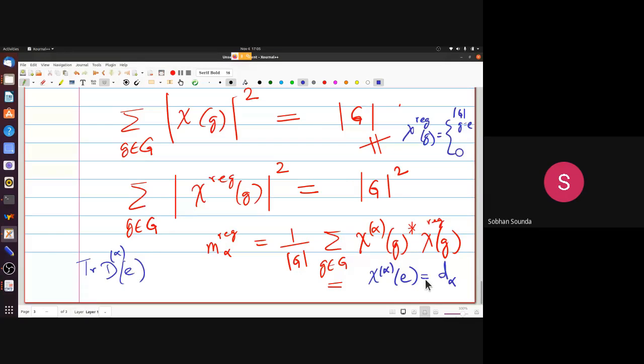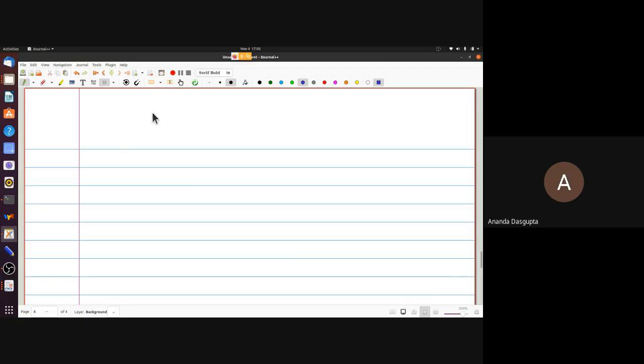So we have a very important result which says that the regular representation is special. I've already claimed that it's special, but now you see why. First of all, M alpha is non-zero for all alpha, and that's the important thing. Every irrep occurs in the regular representation.